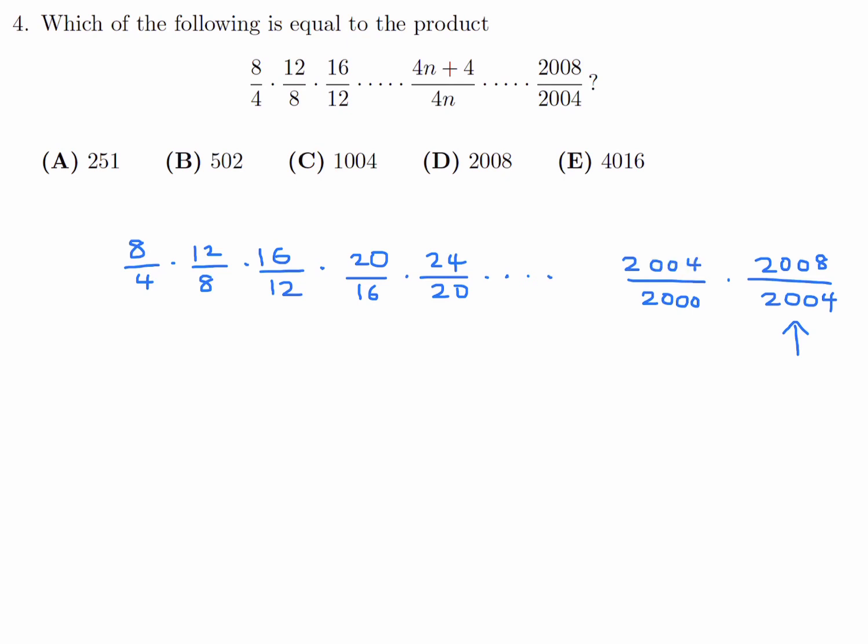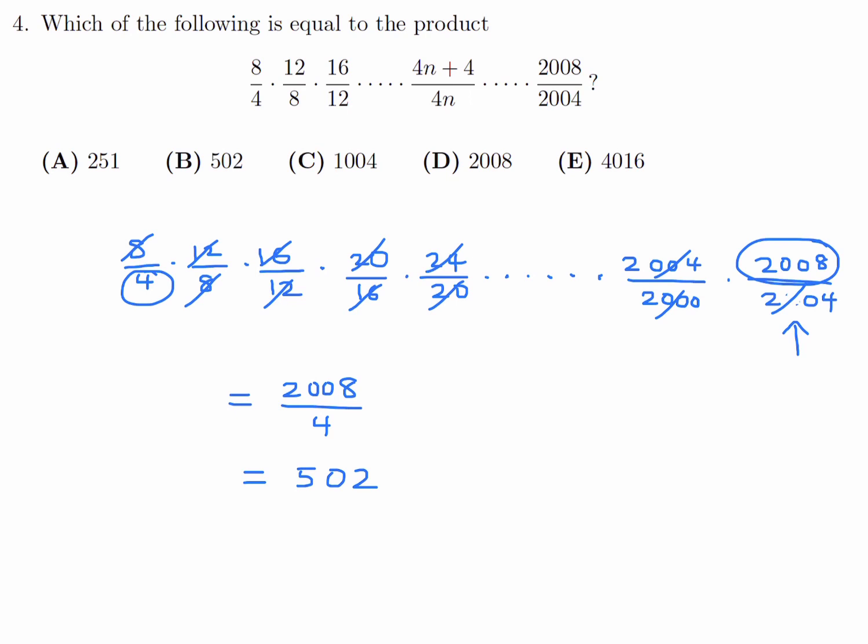And then this just keeps on going. So as you can clearly see by now, or even in the beginning, some of you have noticed that these all cancel, right? It just keeps on canceling. And then when you're done canceling, the only thing left over is the 2008 way over here and the 4 at the very beginning. And if you do that, you get 502. So number 4, the answer is B.